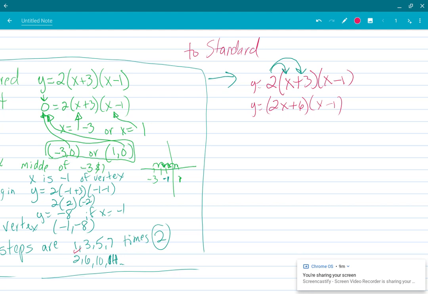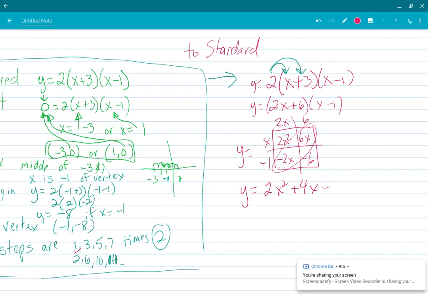Now you can make your box. So 2x, 6, x minus 1, and then you're going to go 2x squared, 6x, -2x, -6. Combine these two, and here is my standard form, 2x squared plus 4x minus 6.